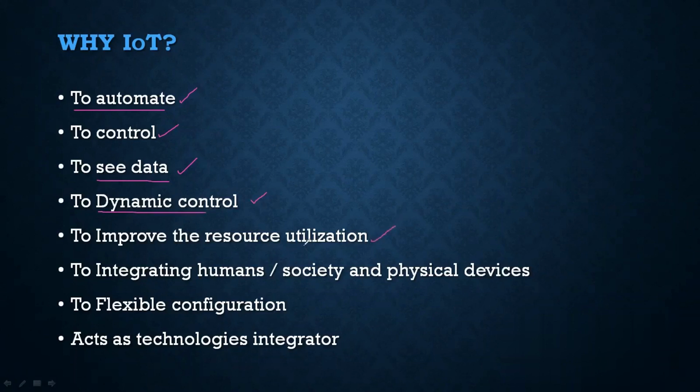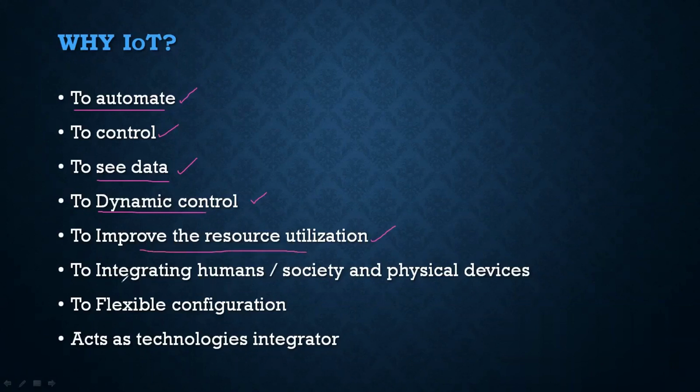For example, let's take a smart LED bulb in your home. According to your actions or according to the environment, it will adjust the lighting, and whenever you close all the doors, at that time that bulb will automatically turn off. Whenever the door is open, it automatically turns on. So that means it improves the resource utilization.